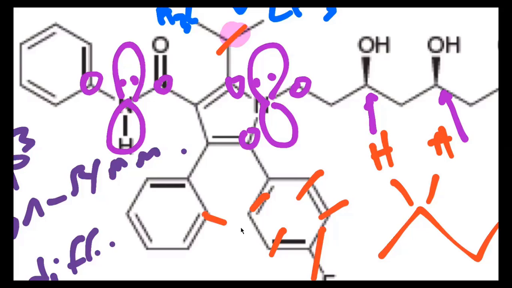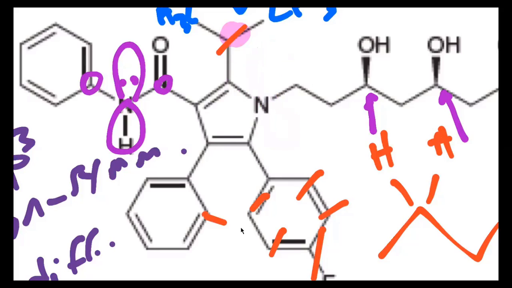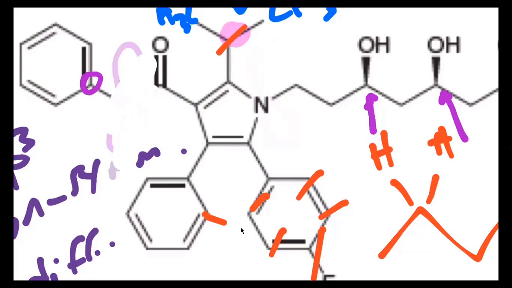Let me show you why the nitrogen doesn't have the same groups. That's a great question, and it leads us to the next part of the discussion, which is configuration: how to determine the 3D orientation of a particular chiral center.